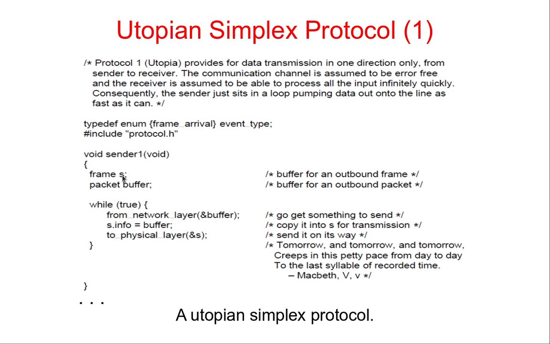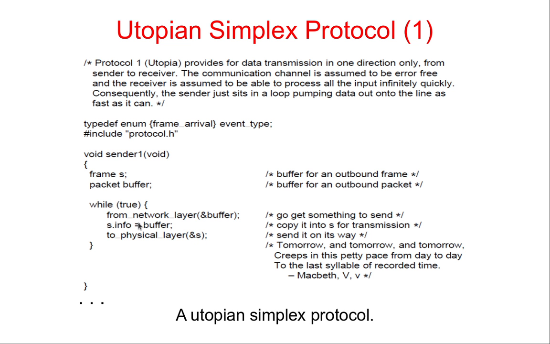First we are defining a frame s, and a buffer to store a packet arriving from the network layer. As we have just seen, in an infinite loop, the sender does the following. It goes to the network layer, accepts a packet in a buffer, and then forms a frame out of that packet. So the frame is s, which has multiple fields that you have seen previously.